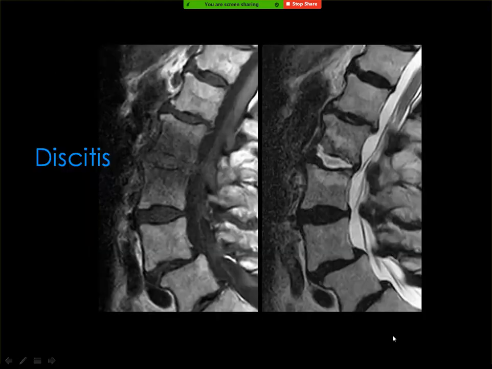Actually, the most important one is the type 1 changes, where you can see bone marrow edema of the opposing end plates, and the edema appears of low signal in the T1 and high signal in the T2 weighted image. But it's very important to know that the degenerated disc should be black in the T2 weighted image.